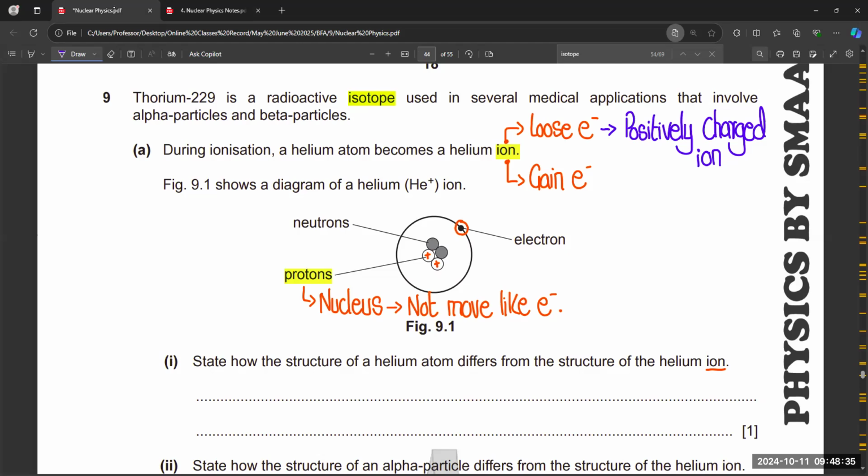The element or atom that actually gains electrons becomes more negatively charged, right? So that is called a negatively charged ion.